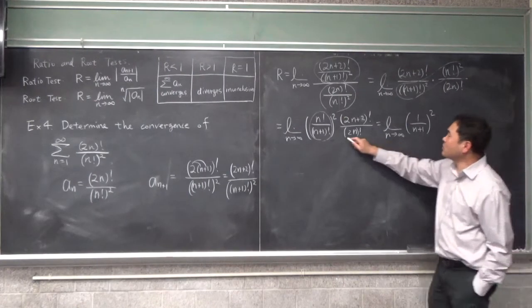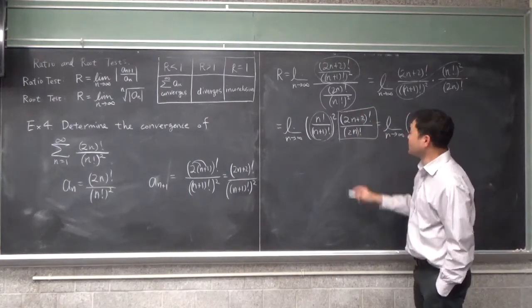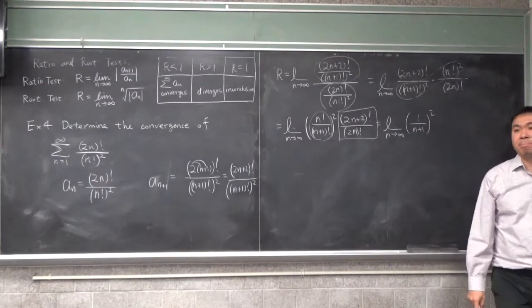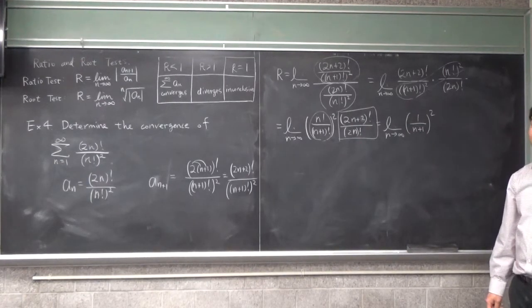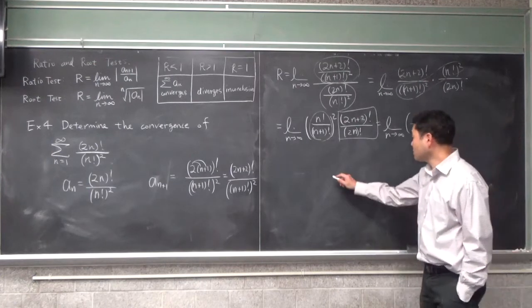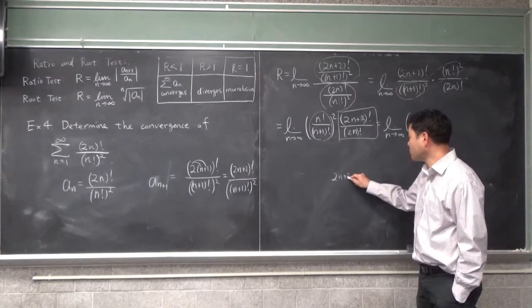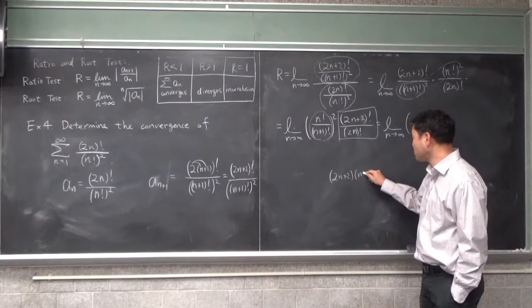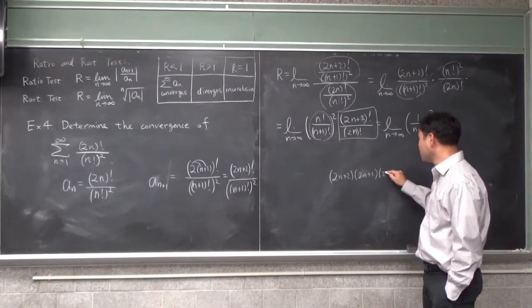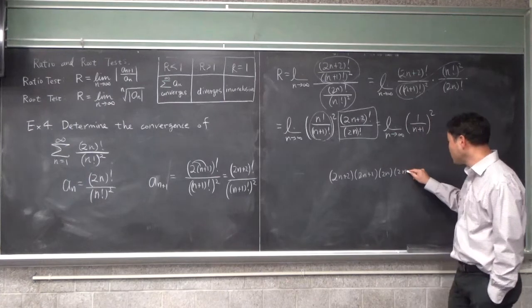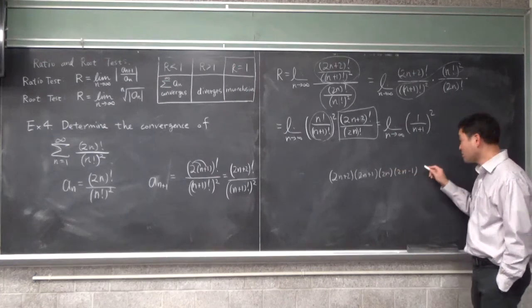Okay, but what about this one? How does this simplify? 2n plus 2 times 2n plus 1. So 2n plus 2 factorial means 2n plus 2 times 2n plus 1 times 2n times 2n minus 1, keep subtracting 1 until you reach 1.